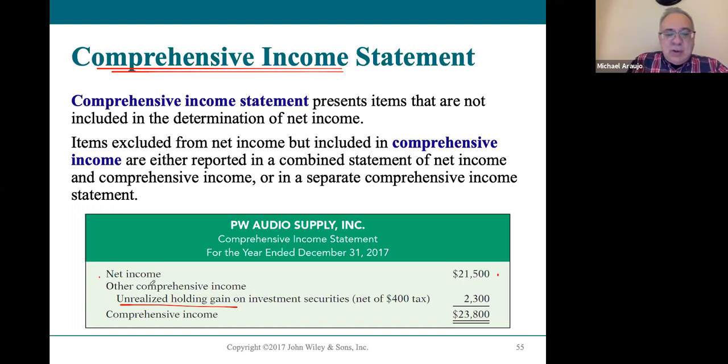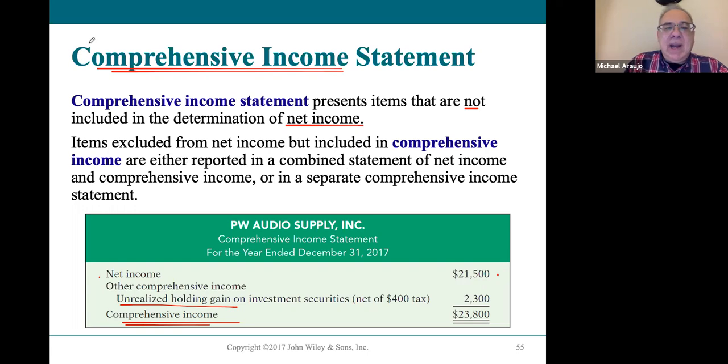And so it sort of boosts their entire comprehensive income. Okay, so these are not part of what determines net income, because these are somewhat paper gains and paper losses. They're not necessarily real. Okay, but they need to be reported if the company is putting together a comprehensive income statement.